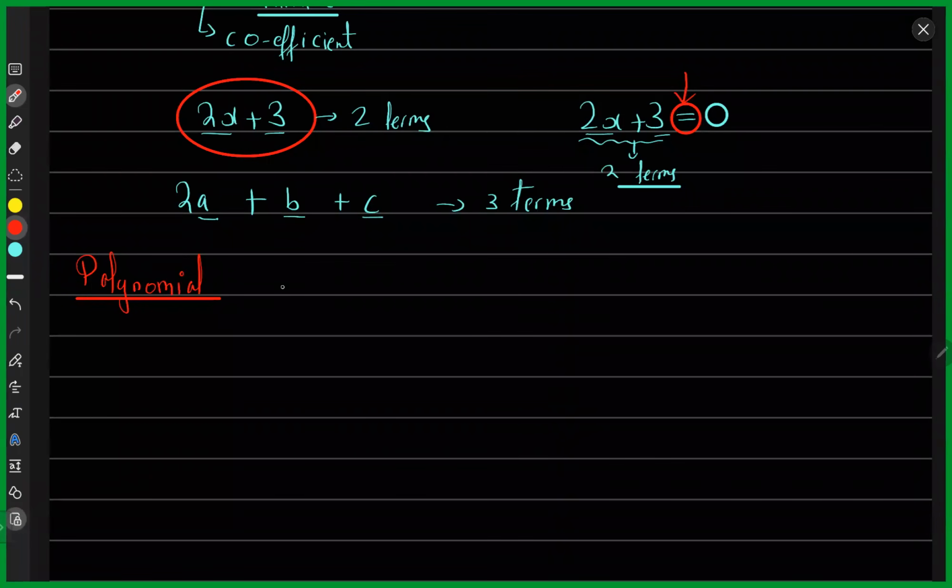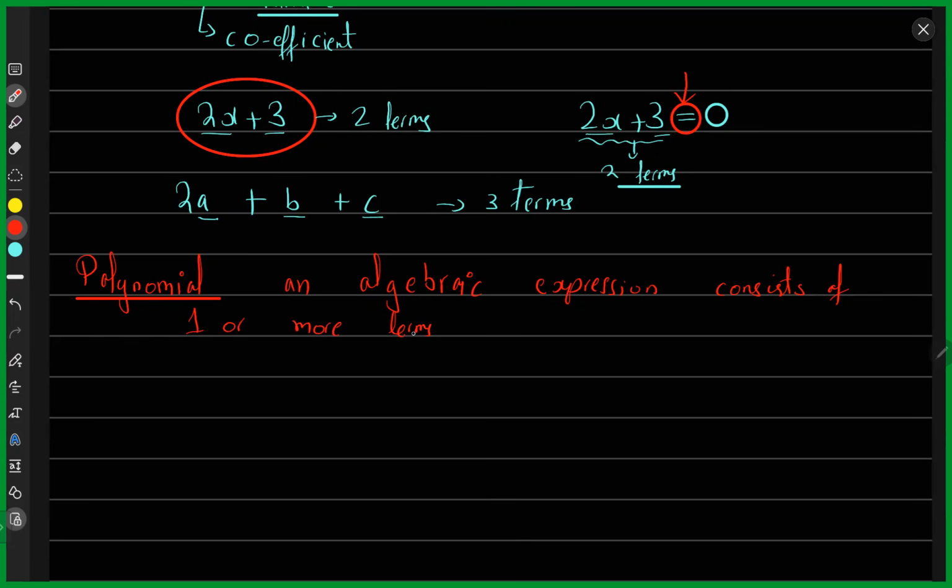A polynomial is an algebraic expression that consists of one or more terms.